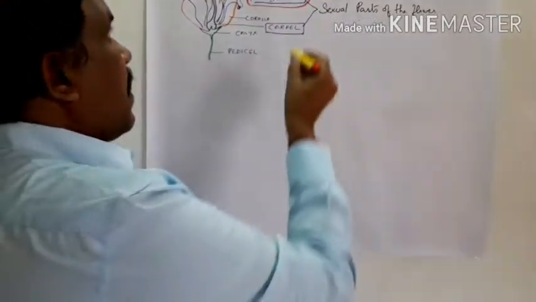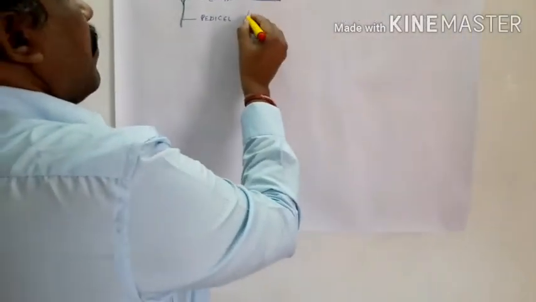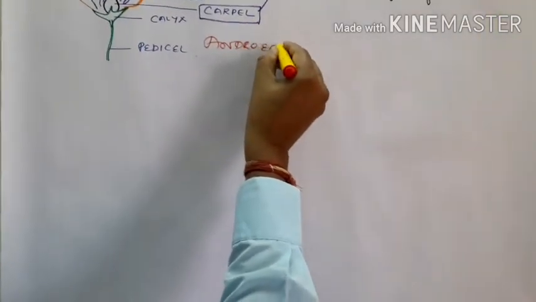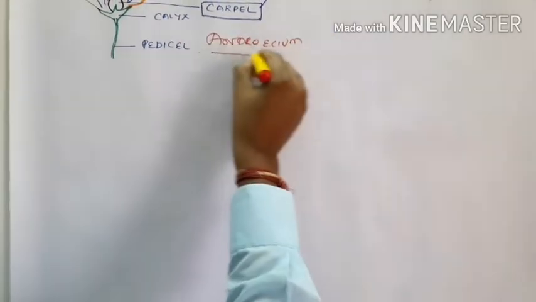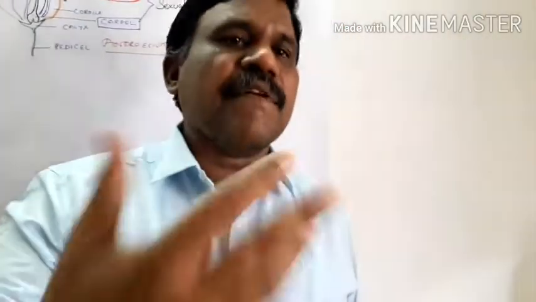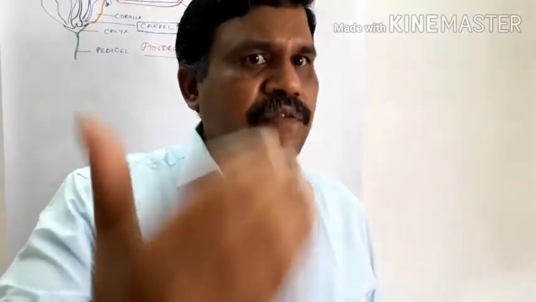So, what is this androecium? Androecium is the word that we use in the flowering plants, that is in the angiosperms. The same kind of meaning, but using a different word. What is that word we use in lower forms of plants, especially in bryophytes and pteridophytes?